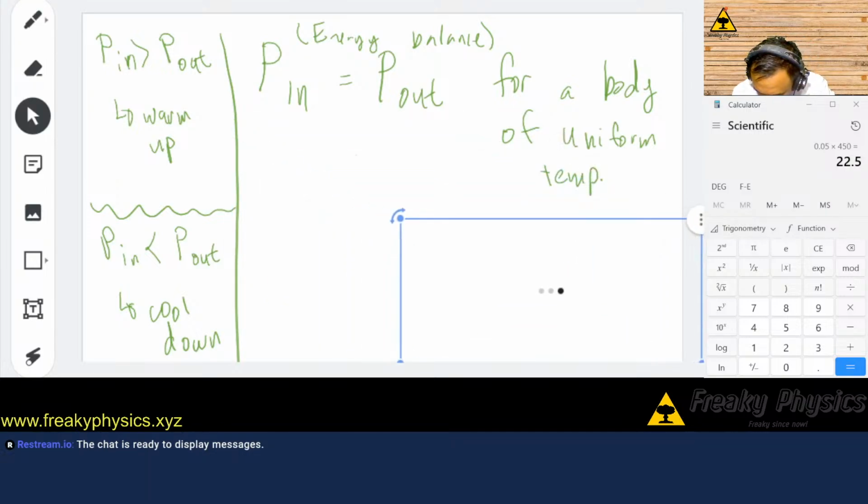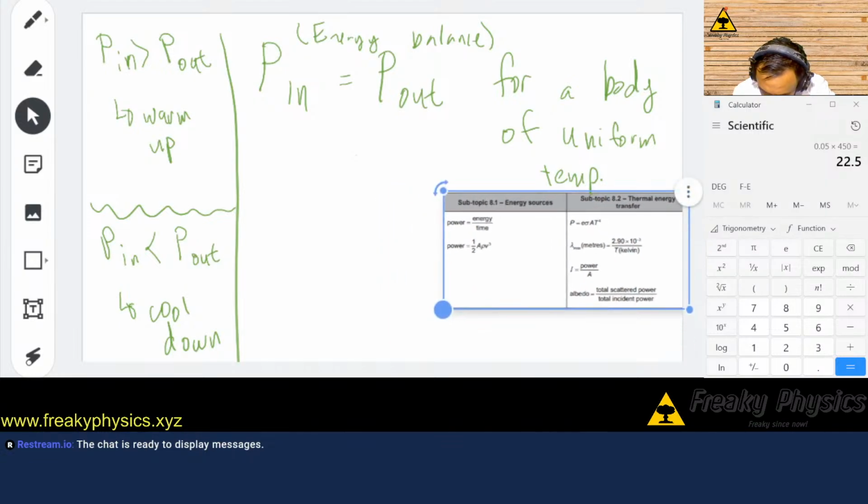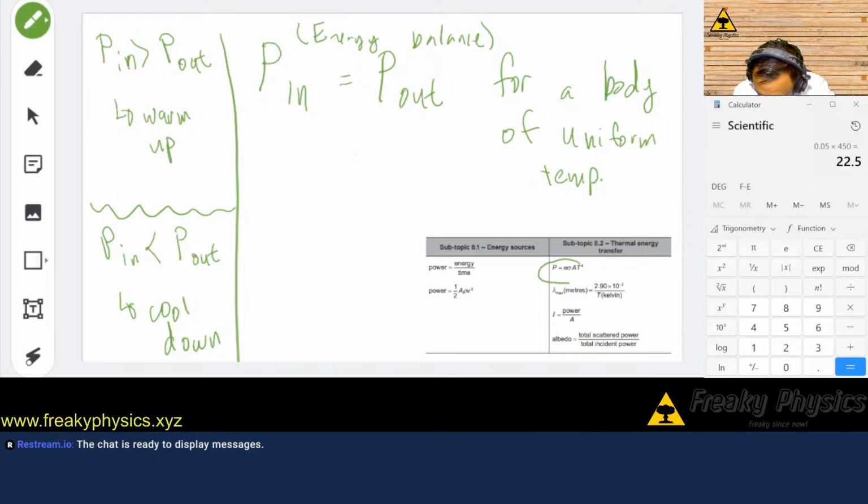If we look here in the relevant section of the data booklet, which one is going to be useful? It's going to be this. And then the solar power, the solar constant, is also going to be useful. But here's the thing.